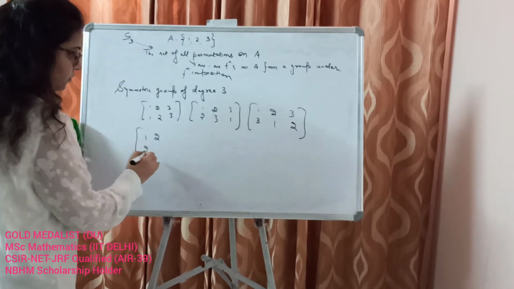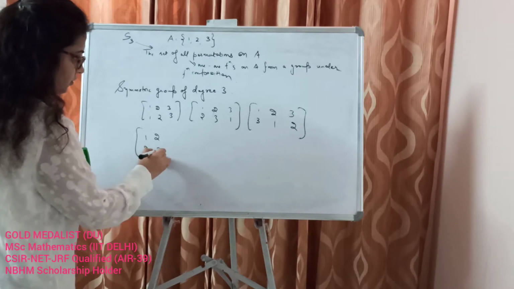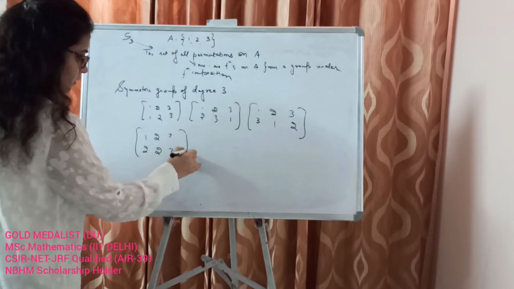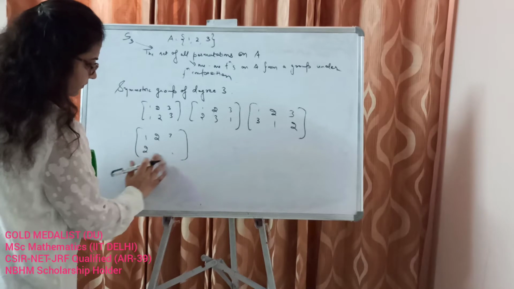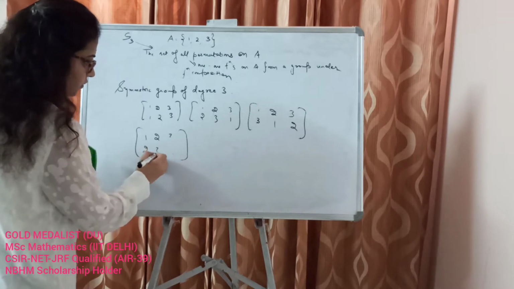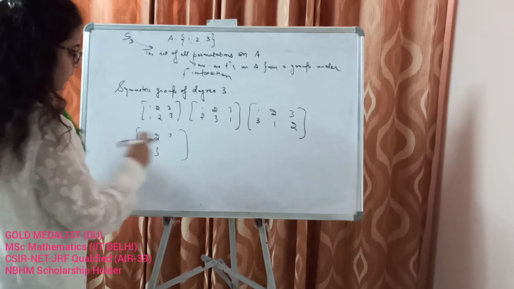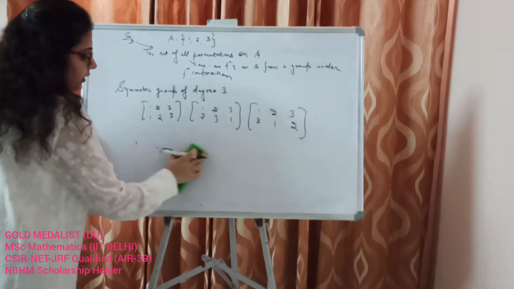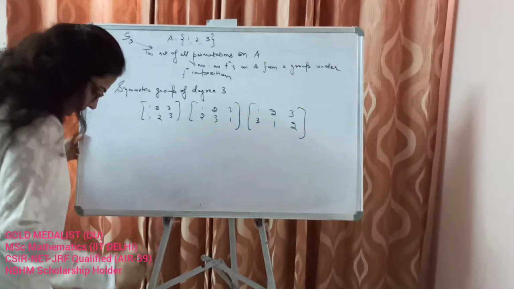One goes to 2, 2 goes to 2, and 3 goes to 3. No, this cannot be the case. 2 goes to 3 and 3 goes to 1. Again, we already have that permutation. So let's try to find out the elements of this set.